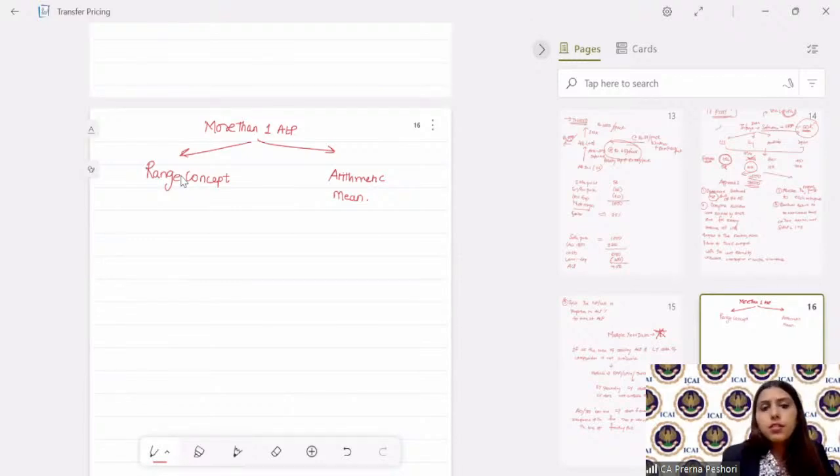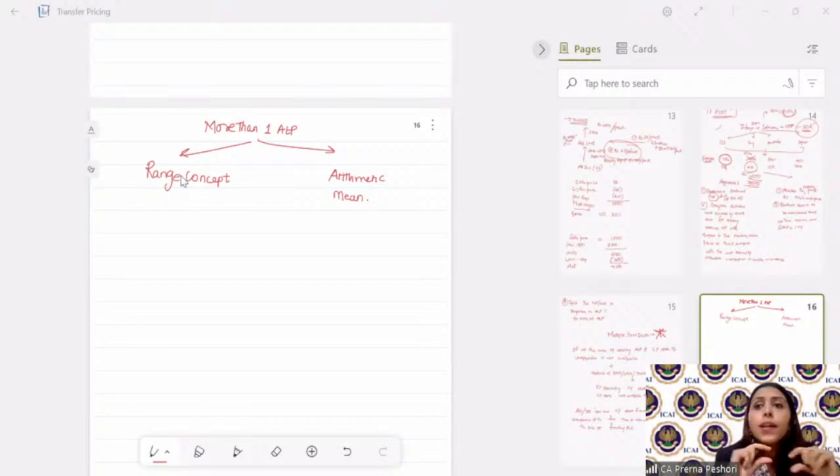Let's try and understand what is range concept and what is arithmetic mean. In the range concept, we have a particular range of the ALP. And if your transfer price basically falls within that range of ALP, you are at arm's length price.